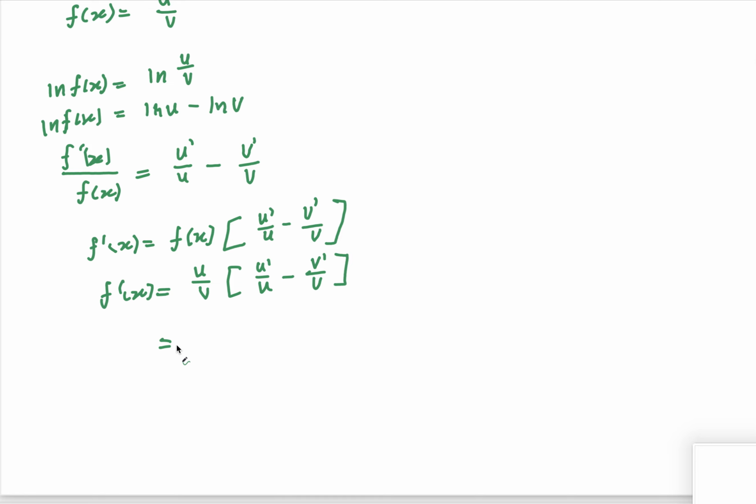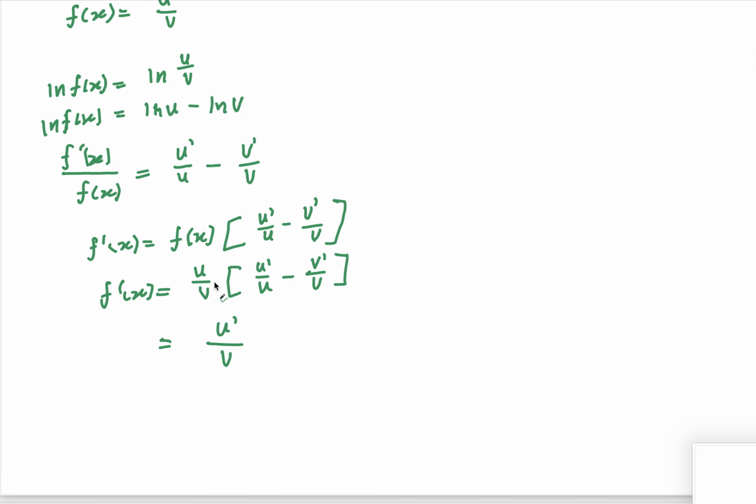Okay, so now the final answer that you will get is that the first part, the u will cancel with that u, so you have u prime, and then this is still times v, so you still have that v here, and you're done with this first part.